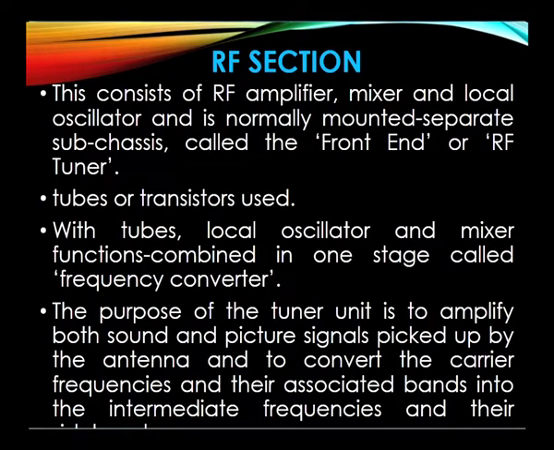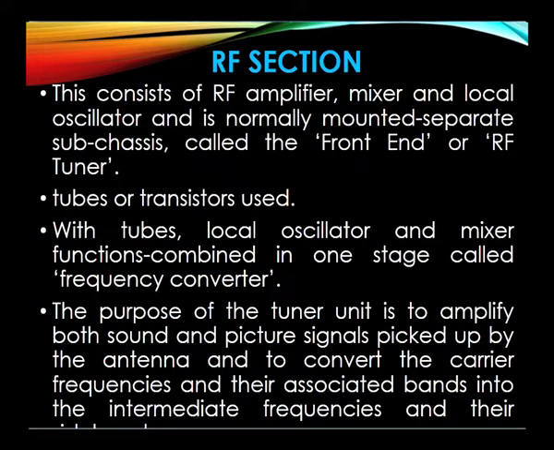This consists of the RF amplifier, mixer and local oscillator, and it is normally mounted as a separate subchassis called the front end or RF tuner. Here tubes or transistors are used for the RF section. With tubes, local oscillator and mixer functions are combined in one stage, called a frequency converter.